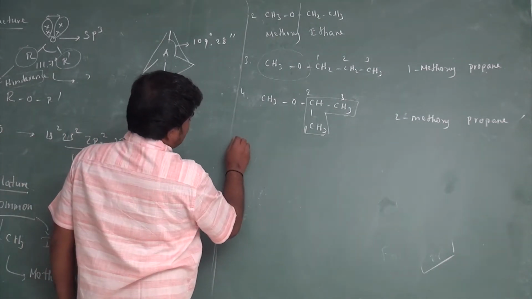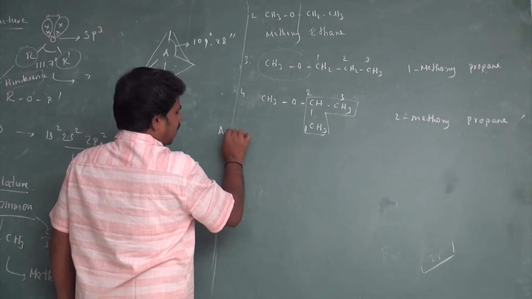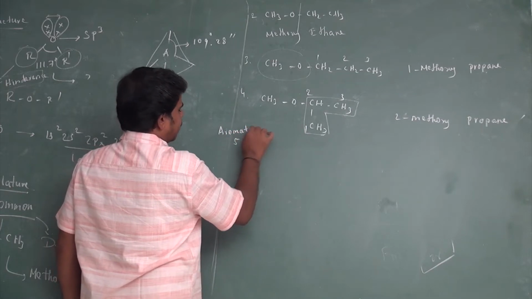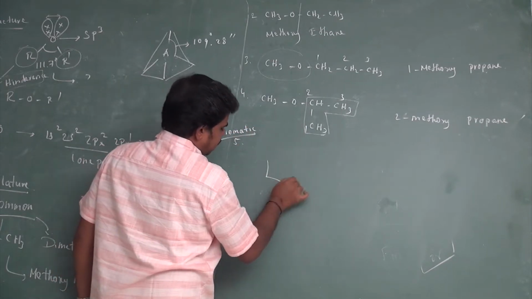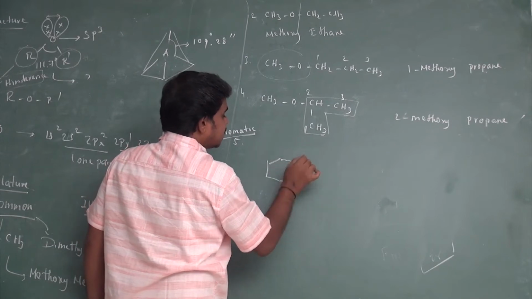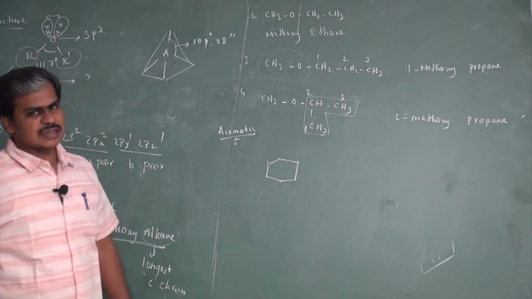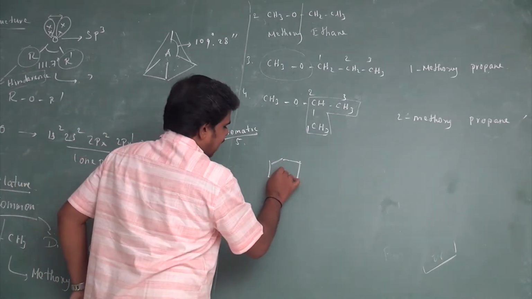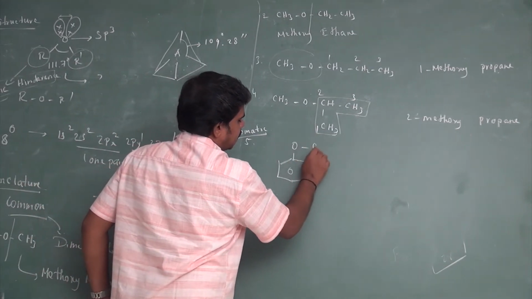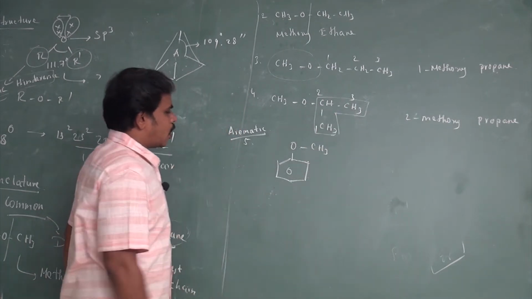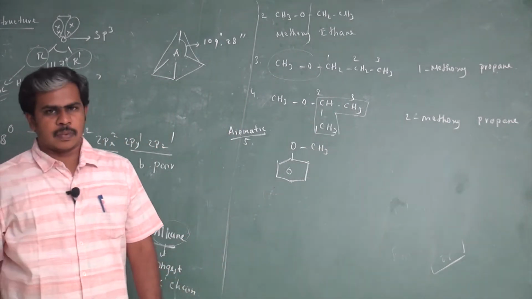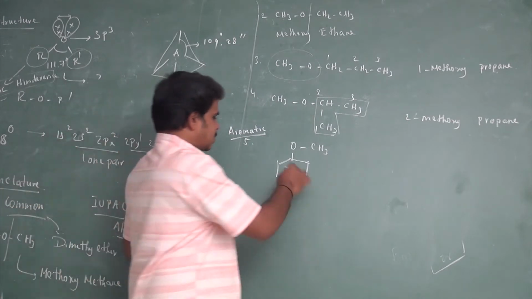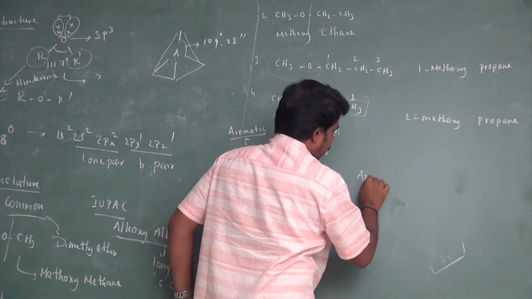Now, for aromatic ethers. What do you mean by aromatic? Benzene and its derivatives are called aromatic. So, a benzene group is attached with oxygen, and here it is CH3. Then, what is the compound? The compound is anisole.